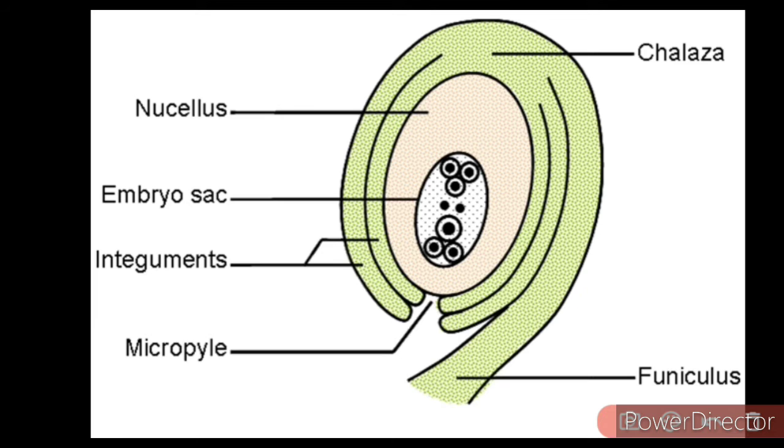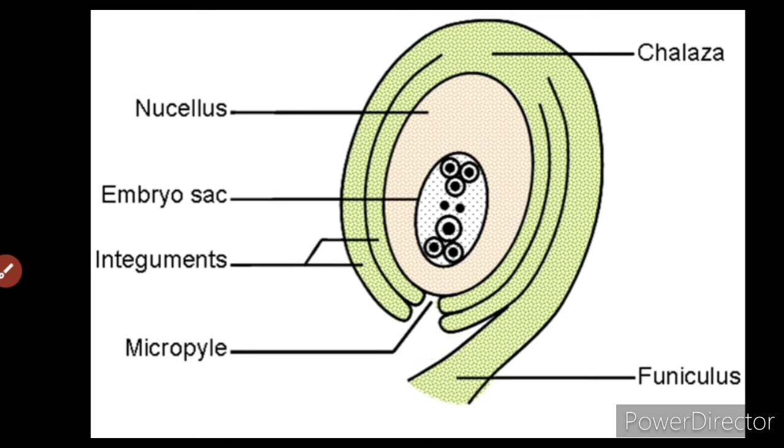Next we'll see the structure of the ovule. The ovule is present inside the ovary, and it consists of the main important part called the nucellus, which is enclosed by two integuments. These integuments leave an opening which is called the micropyle.